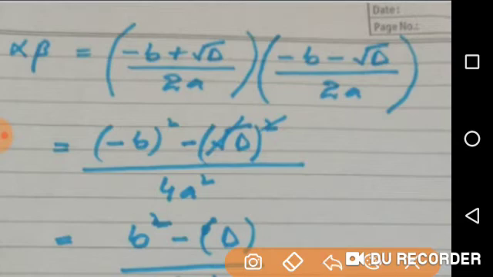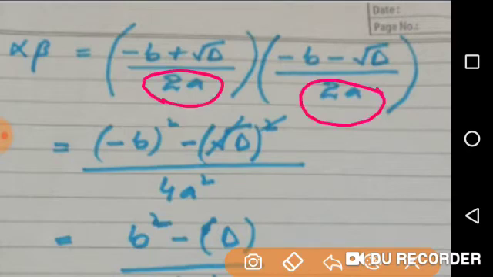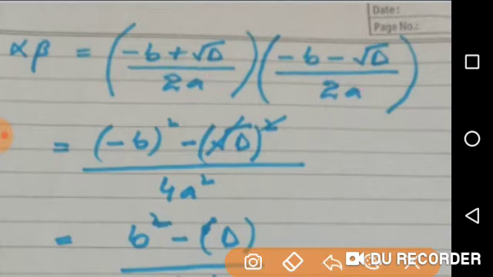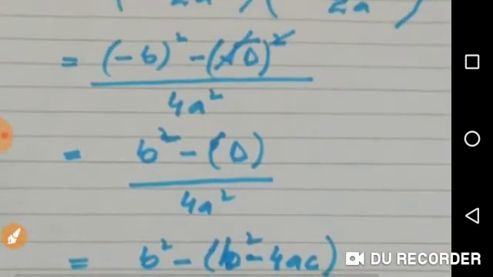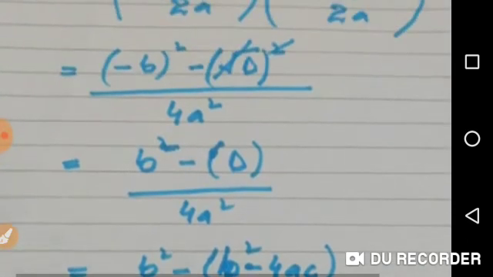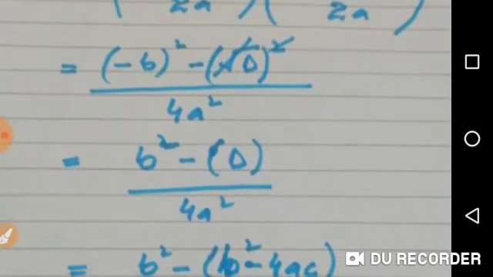In the denominator we simply multiply the two terms: 2a into 2a we get 4a square. So b square minus, minus d, since square and root will be cancelled out.